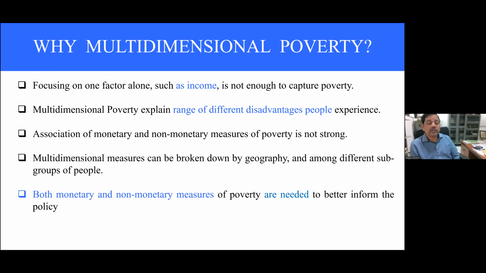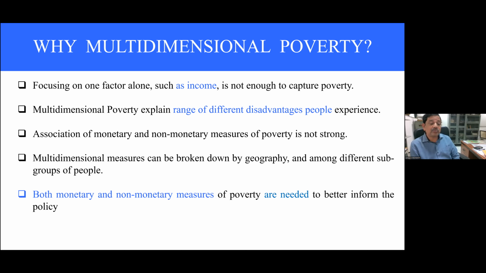Also, the empirics suggest that the association between monetary and non-monetary poverty is not necessarily strong. That means a state may do well in monetary poverty, but might not do well in non-monetary poverty.